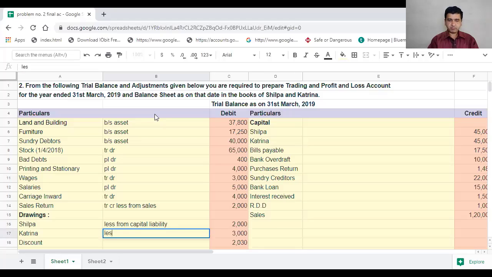Same, less from capital, liability side. Then discount. Discount is given on the debit side, so it goes to profit and loss account debit side.